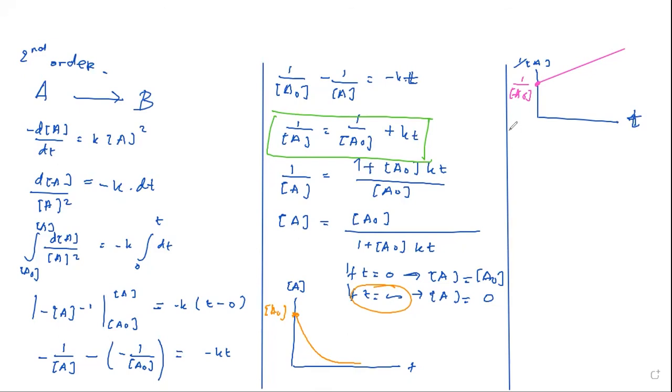Okay, now for the third graph, we would like to see the curve between the rate of reaction and the concentration. Once again, the rate of reaction can be symbolized by dA over dt.